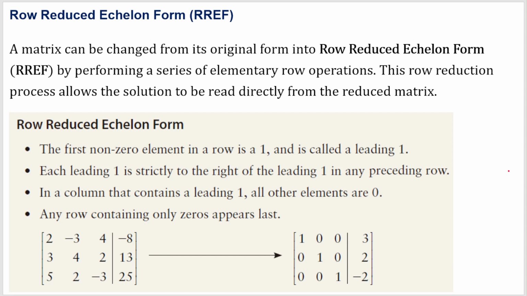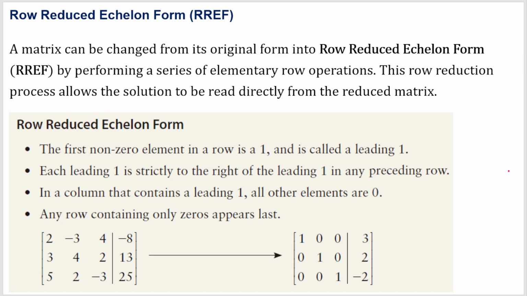So a matrix can be changed from its original form into RREF by performing a series of elementary row operations. This row reduction process allows the solution to be read directly from the reduced matrix. So let's have a look at the RREF in detail.